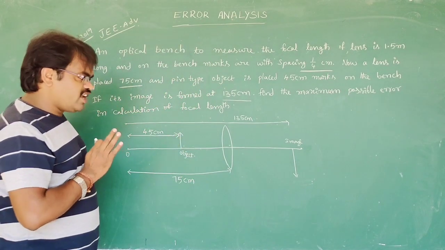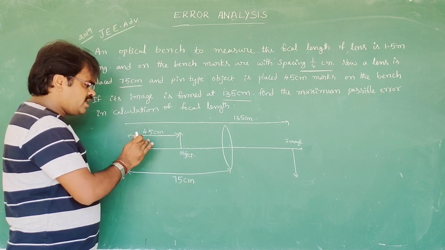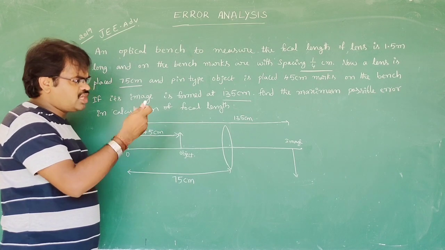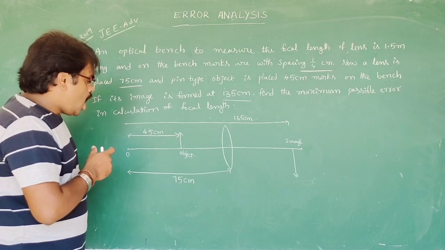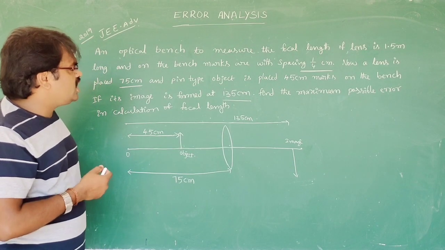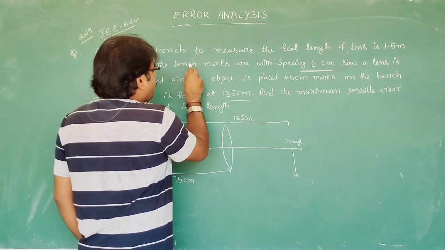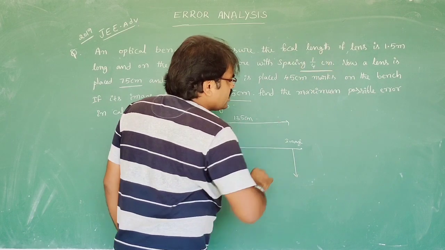Now, in this they have given where the object is and where the image is formed on the optical bench, but they have not given the object distance and image distance. And the bench marks are with spacing 1/4 centimeter.